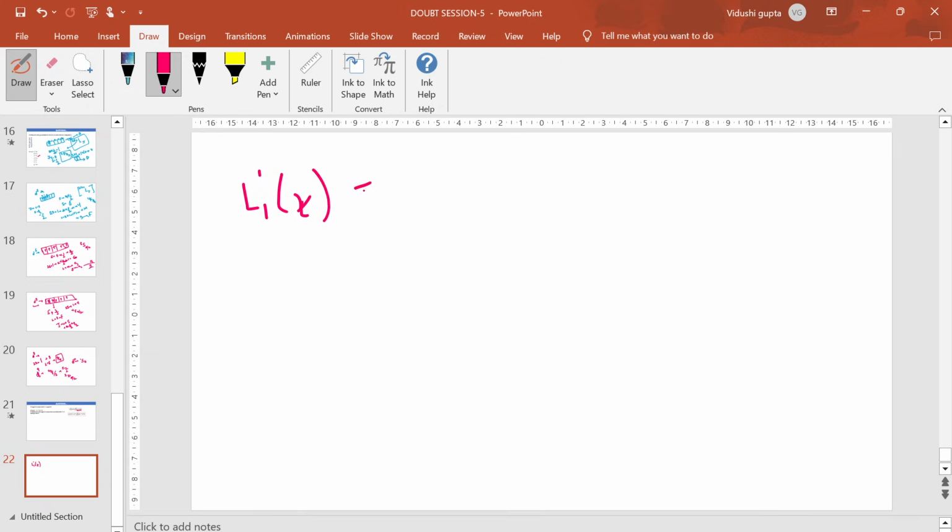It is given by d by dx of LQ of X. Or we can say LQX will be given by, Q is 1 and P is also 1. So it will be L1X.